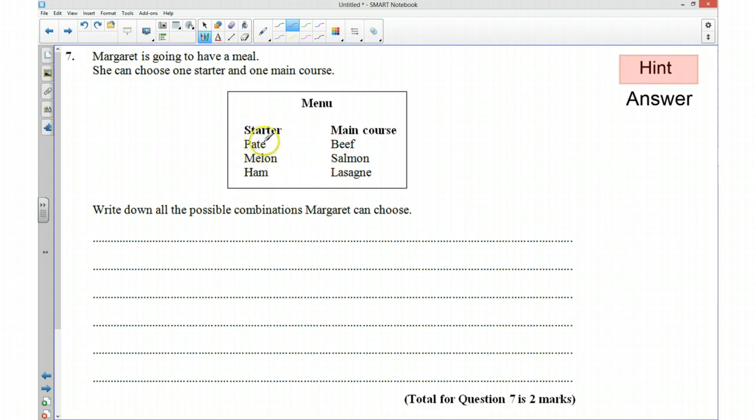And if you try and be systematic about what you're doing, so if you start with the pate and then see what could match with that, and then move on to the melon, etc. Okay, if you'd now like to pause the video and have a go at writing down all the combinations.